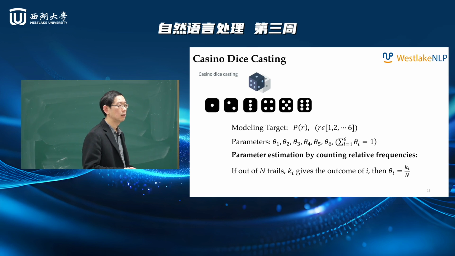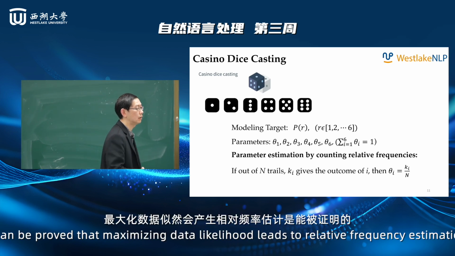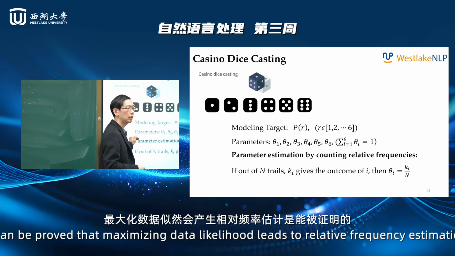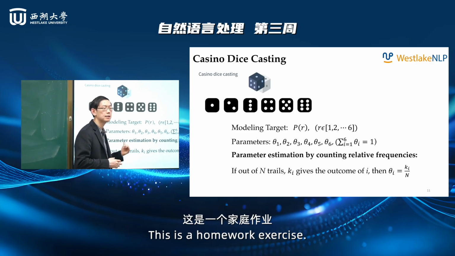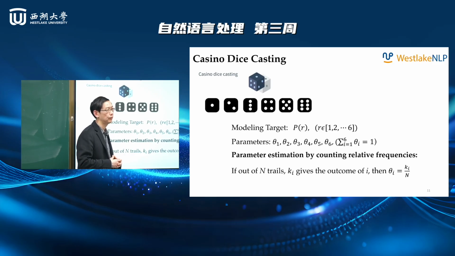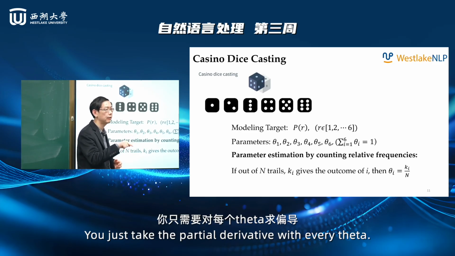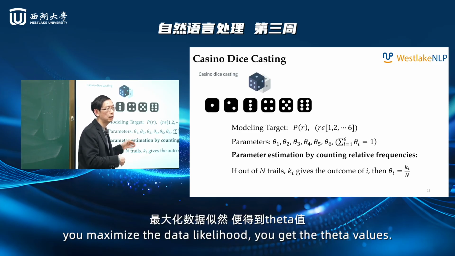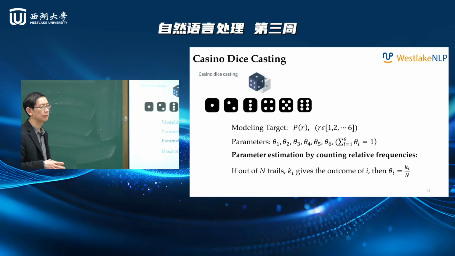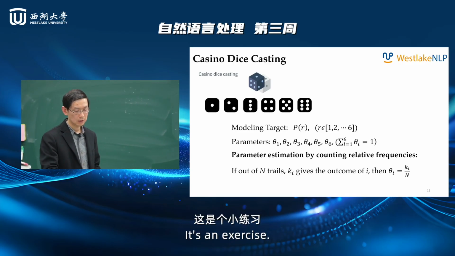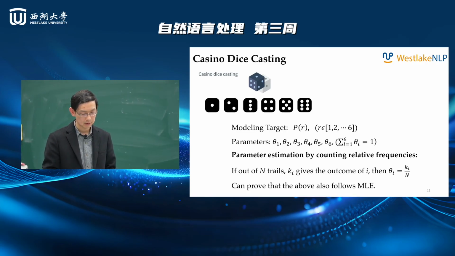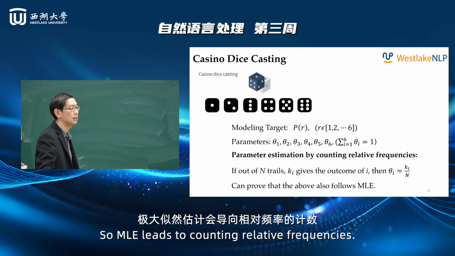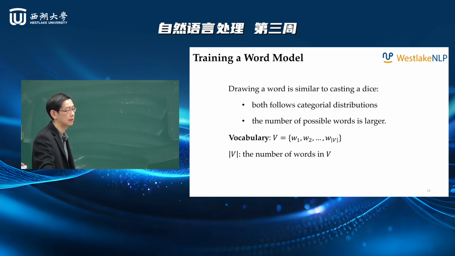It can be proved that maximizing data likelihood leads to relative frequency estimation. This is a homework exercise. You do it, you get scores. You just take the partial derivative with every theta, you maximize the data likelihood, you get the theta values. It's an exercise. All right. So maximum likelihood estimation leads to counting relative frequencies.